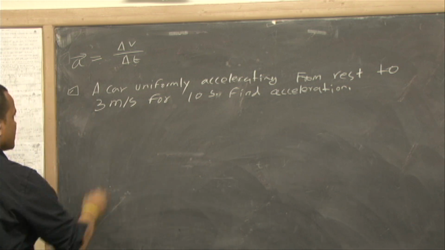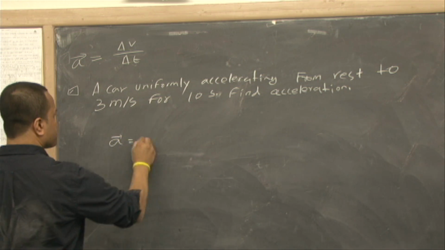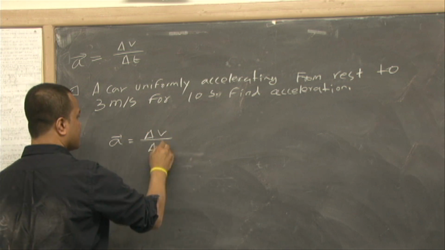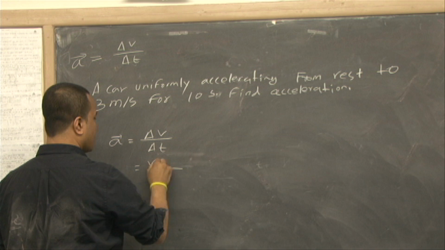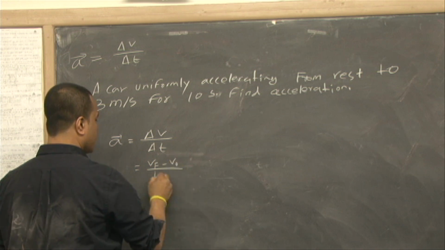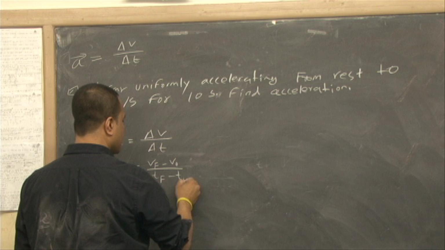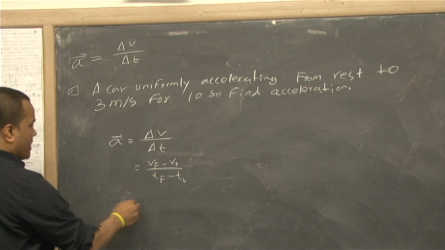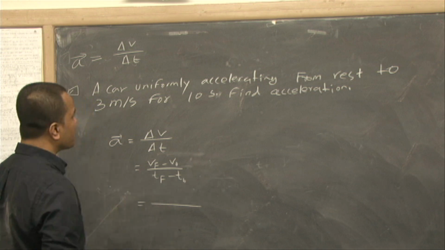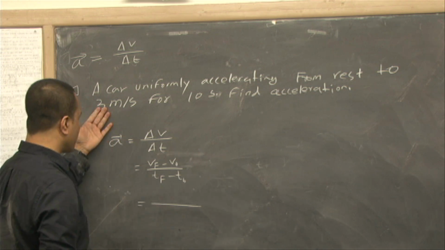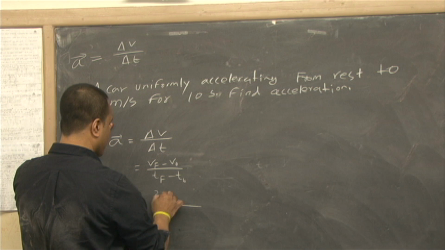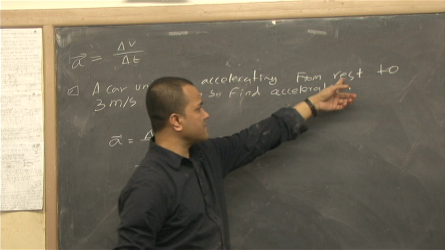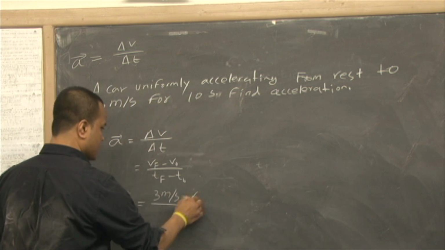So let's see. Acceleration is delta v over delta t, which is v final minus v initial over t final minus t initial. I'm not going to draw this because this is a simple problem. So v final was 3 meters per second, and v initial, the car was at rest, so v initial was 0.